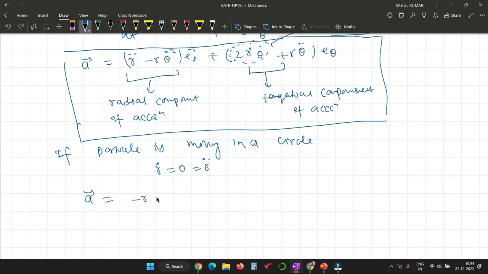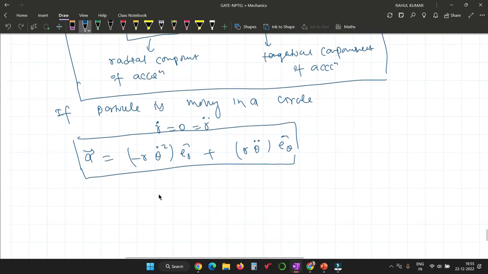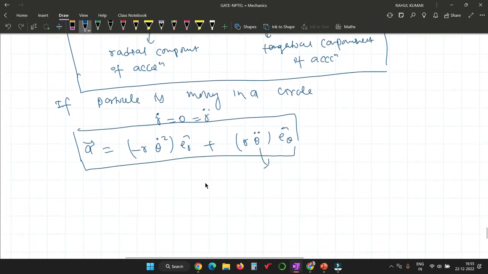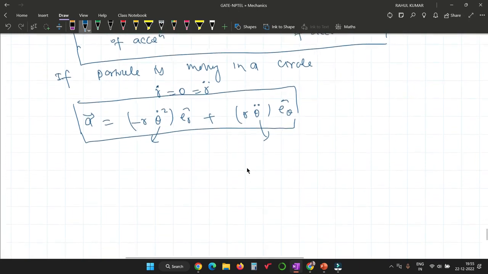You will get r theta dot square er, and the other term becomes r theta double dot. You study this in circular motion, and you always say that this is tangential acceleration and this is centripetal acceleration. Okay, tell me, is there any doubt?